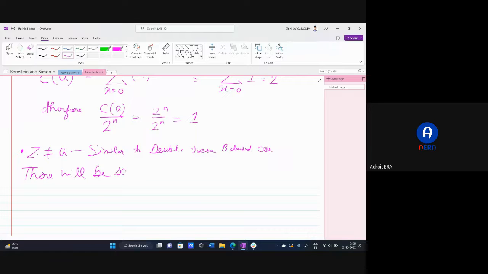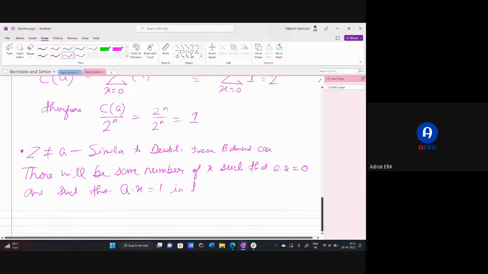There will be the same number of x such that a dot x becomes 0 and such that a dot x becomes 1 in the summation.